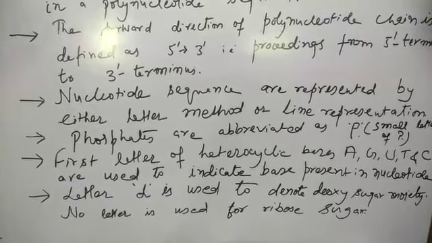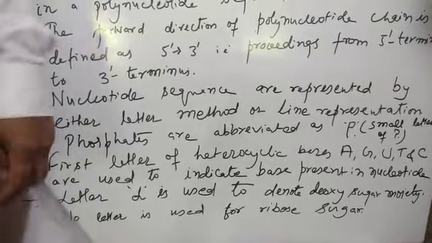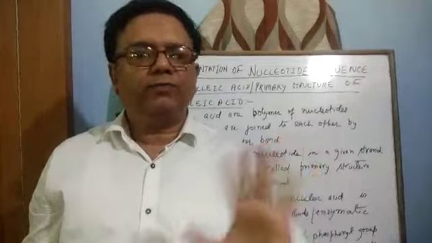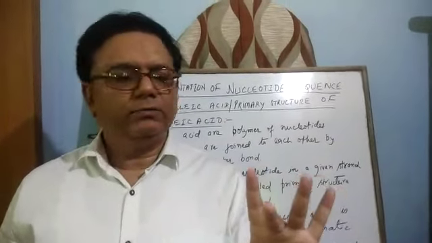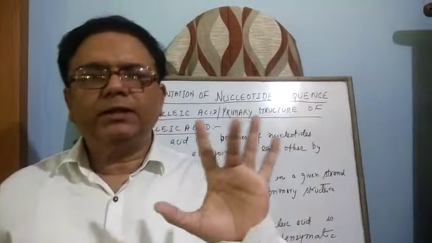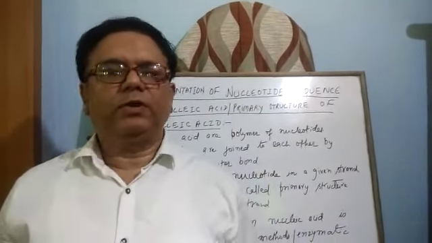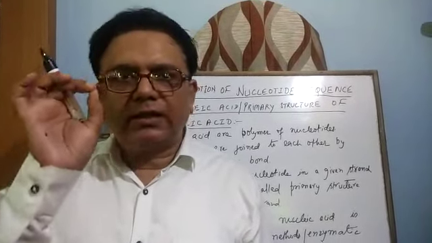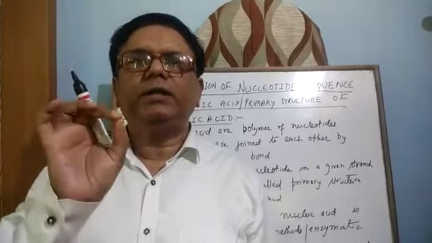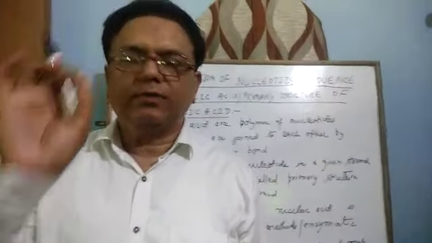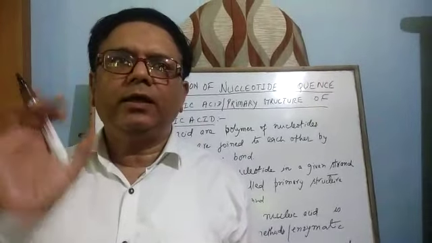So how do you denote the letters? Obviously, when you talk about heterocyclic bases, you have five bases: adenine and guanine, the purine bases, then cytosine, thymine, and uracil, the pyrimidine bases. What we do is take the first letter of the heterocyclic bases. When we denote the nucleotide sequence, we just take only the letter, and it represents the base.